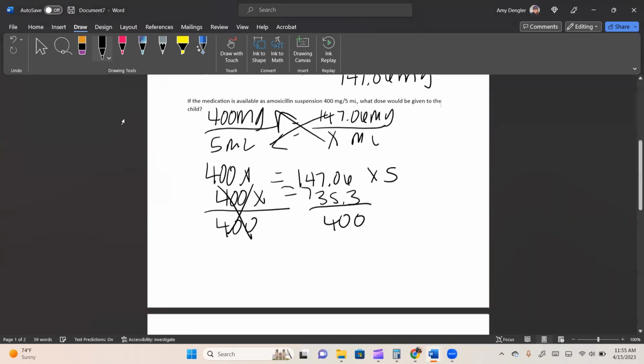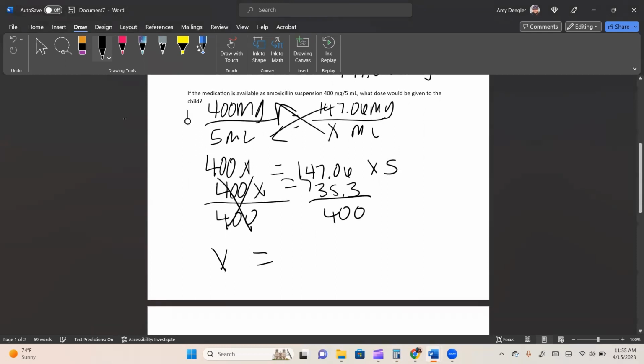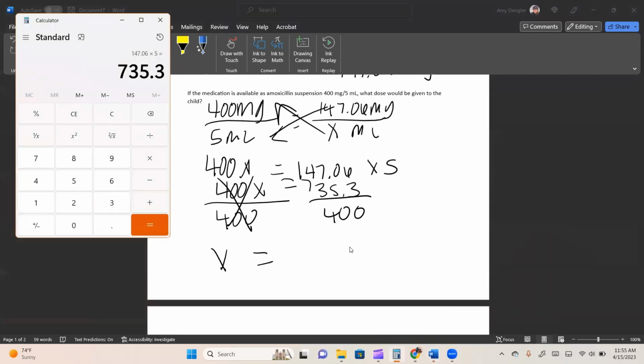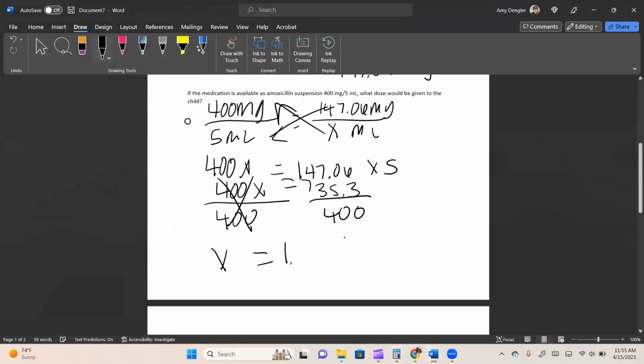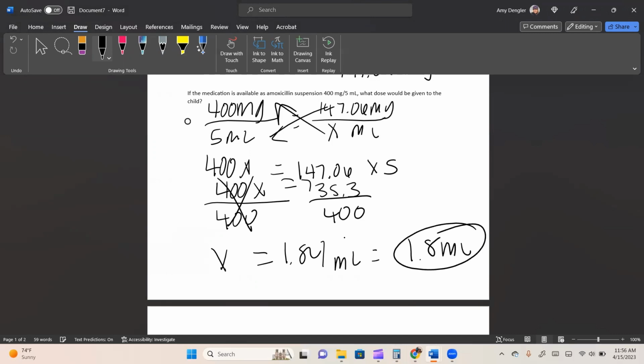That crosses off over here. And then on our calculator, we're going to do 735.3 divided by 400, which is going to give us 1.83, so 1.84 ml, which we would round to 1.8 ml.